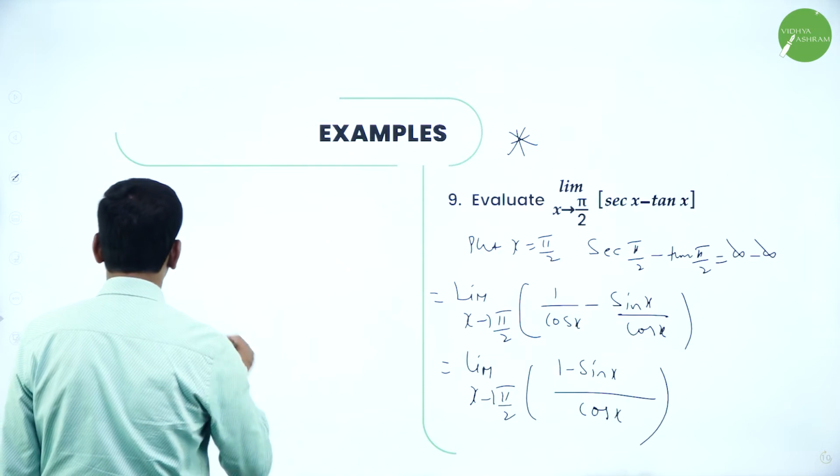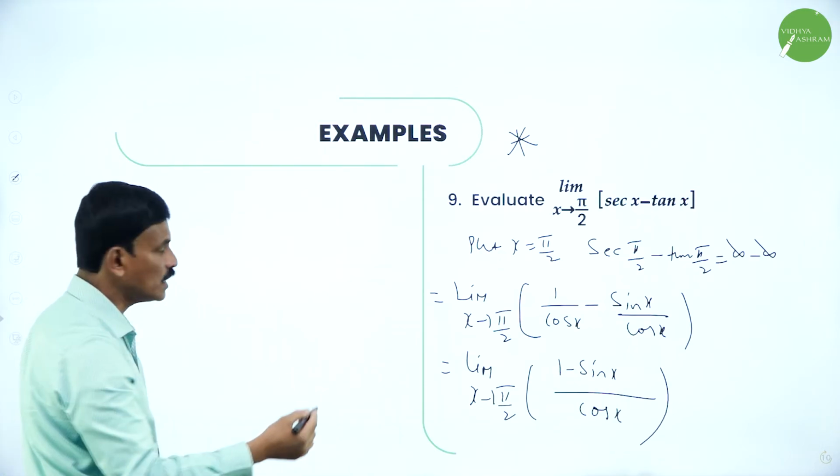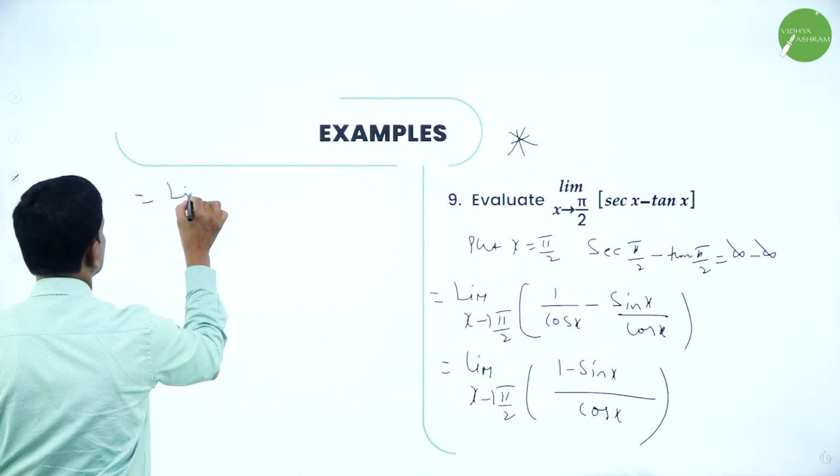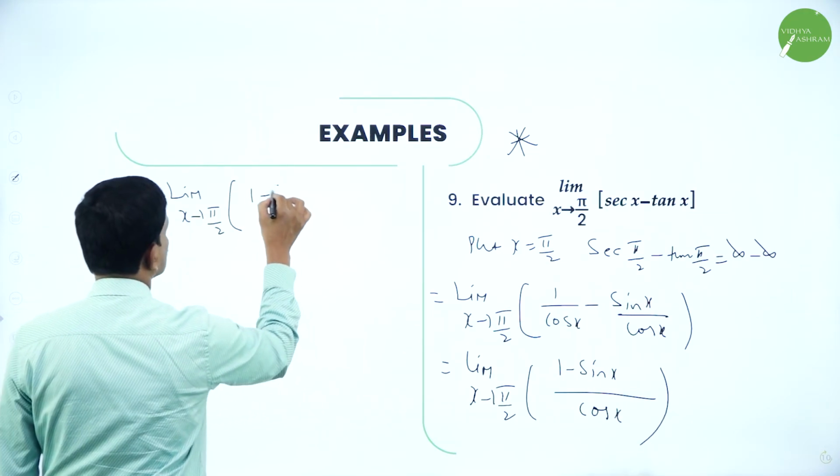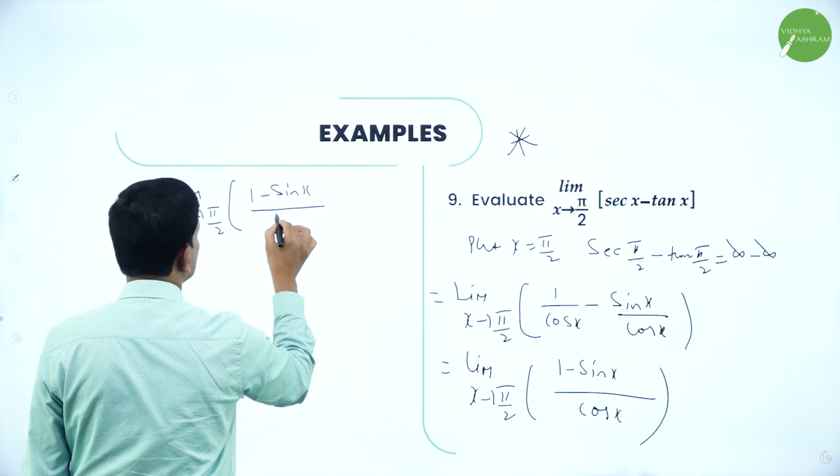So, rationalizing the numerator, this can also be written as limit x tends to pi by 2 of 1 minus sin x divided by cos x.